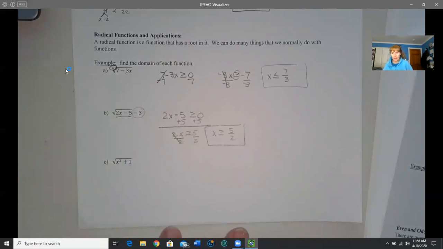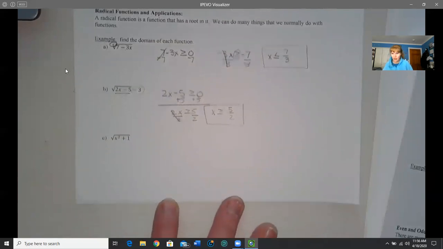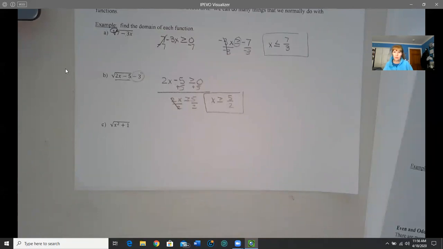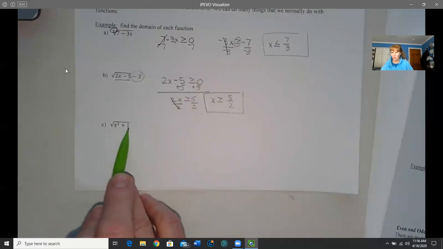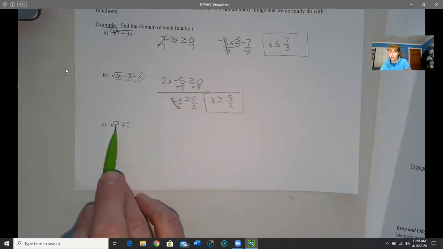I know that x squared plus 1 has to be greater than or equal to 0. If you square a number and add 1, will this ever be negative? Even if you put in a -10, -10 squared is 100.